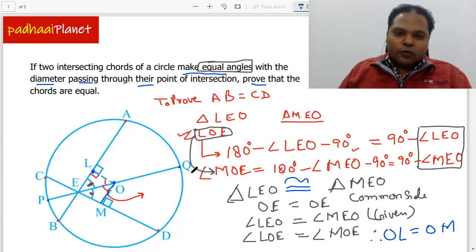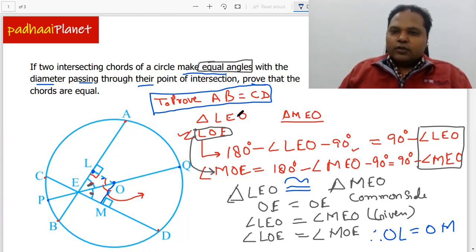And when two chords are equidistant from the center, that means these two chords are equal to each other. So in this case, these two chords are equal to each other, right? Now, this is how we have done it.